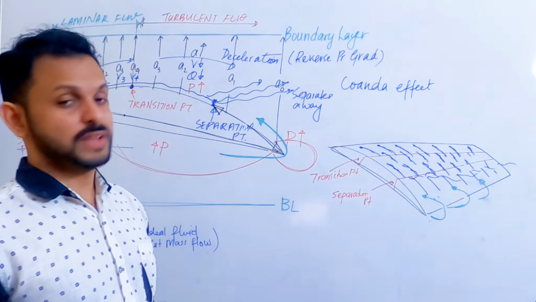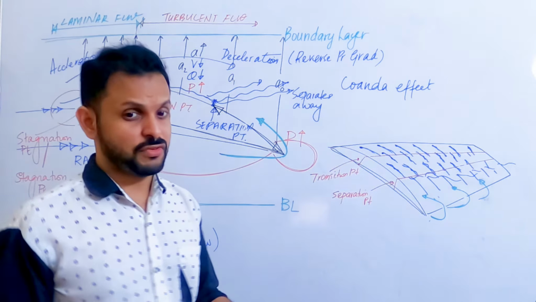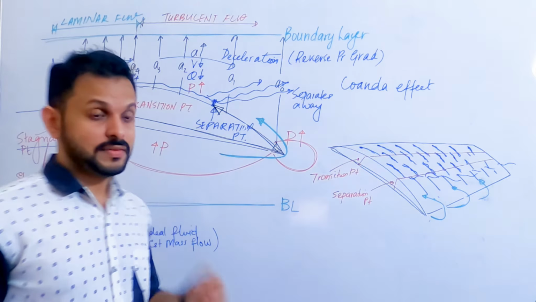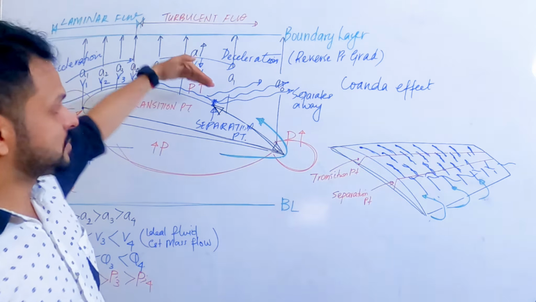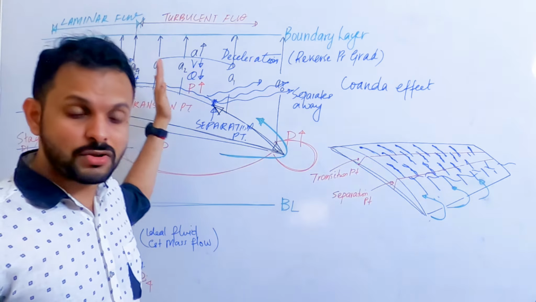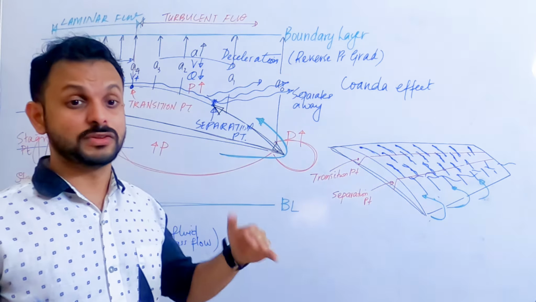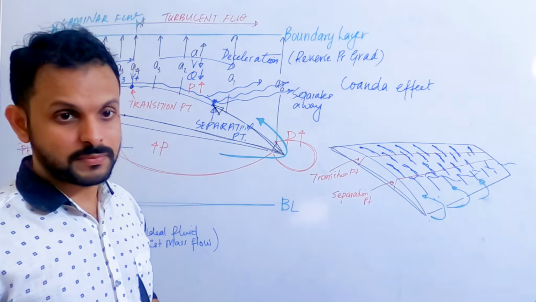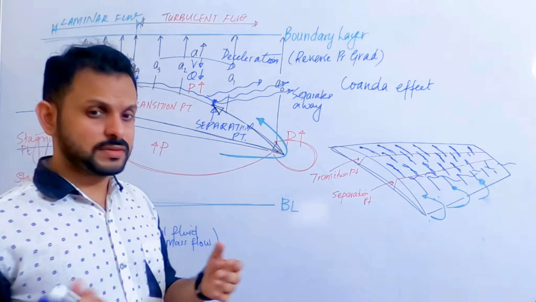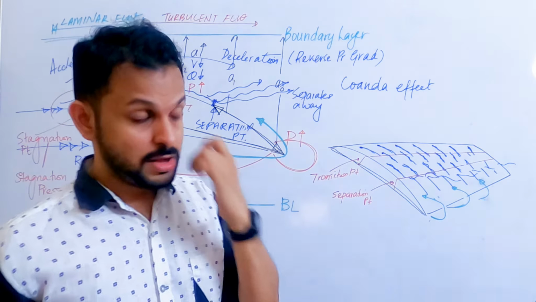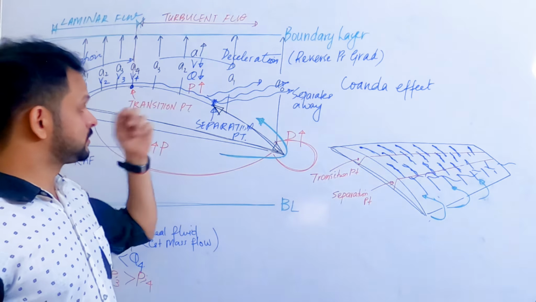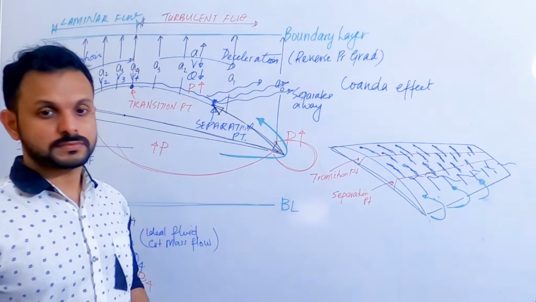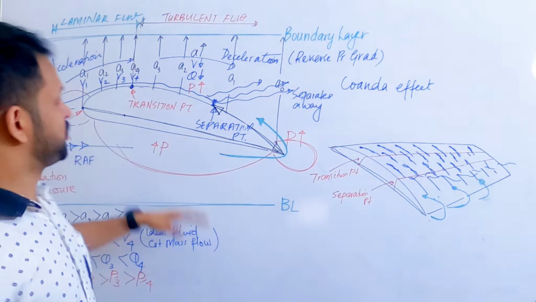Now, any kind of maneuver or design that is promoting these points, transition and separation points, to move towards the trailing edge is not practically advisable. Sorry, what I said is wrong.